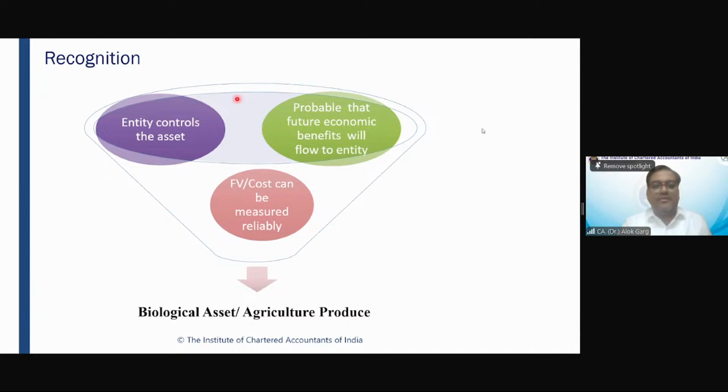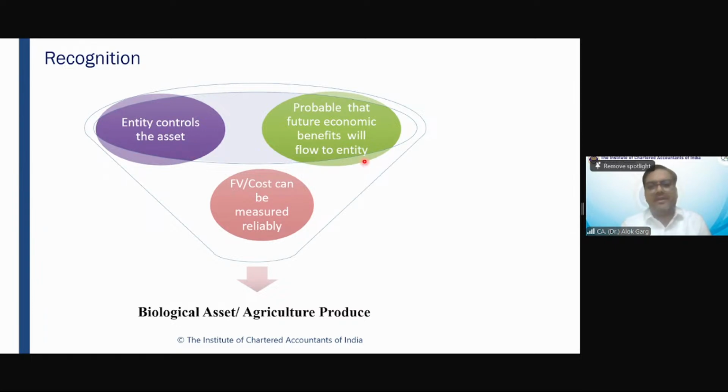So in addition to future economic benefit that is probable and fair value or cost that can be measured reliably, for biological asset and agriculture produce, the third important item is that the entity should control that asset. Entity controls the asset.